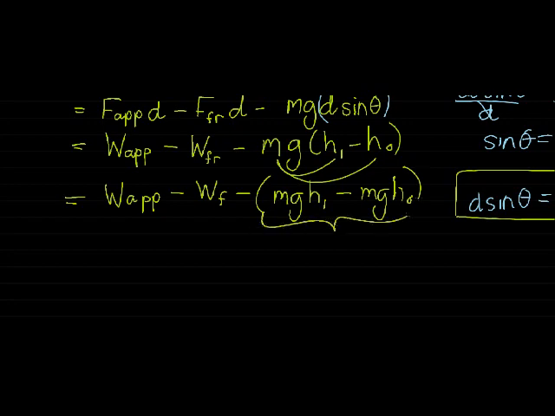This is the formula for potential energy. My potential energy after minus my potential energy in the beginning, because this is the potential energy they had when they started and that is the potential energy they have when they ended, which means that this is the change in potential energy.